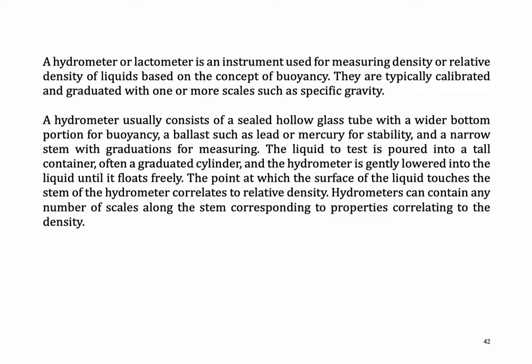The liquid to test is poured into a tall container, often a graduated cylinder, and the hydrometer is gently lowered into the liquid until it floats freely. The point at which the surface of the liquid touches the stem of the hydrometer correlates to relative density. Hydrometers can contain any number of scales along the stem corresponding to properties correlating to density.